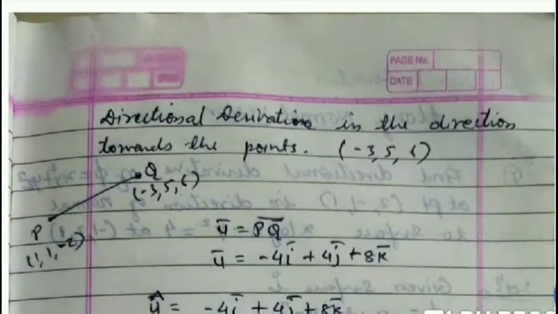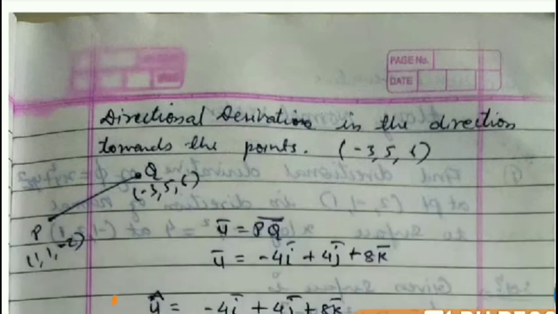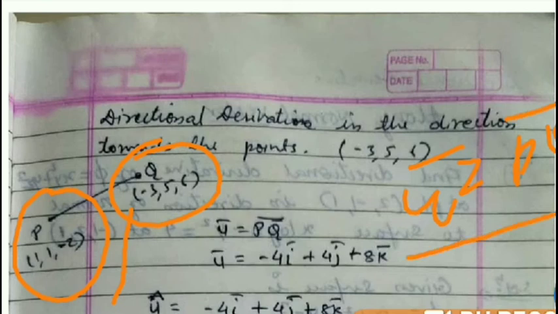Next, we have to find the value of vector u bar. The value of u bar is not given here, but we have to find it. First point is P and second point is Q. So u bar equals PQ bar. Find u bar by the reverse difference formula, that means Q bar minus P bar.